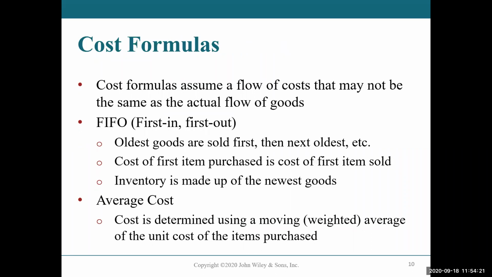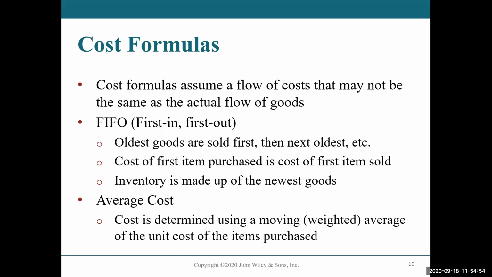On the other hand, because specific identification is quite labor intensive and not ideal for every type of business, the other two alternatives we have are first in, first out, and average cost. First in, first out assumes that whatever goods were purchased first were sold first. So the cost of the first items purchased is the cost of the first items sold, and the inventory is made up of the newest items.